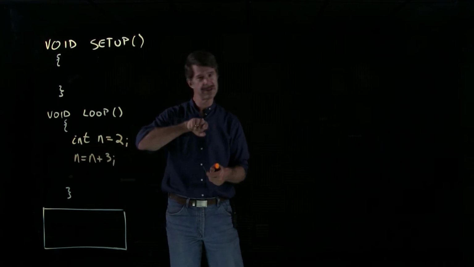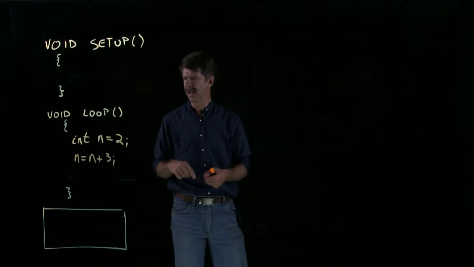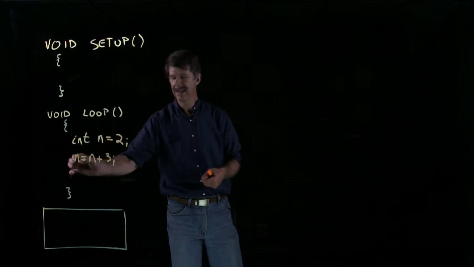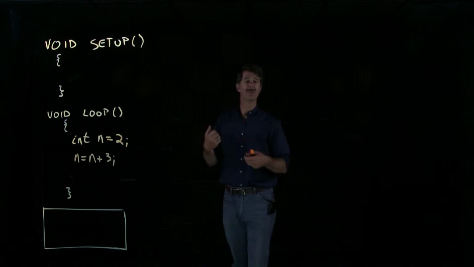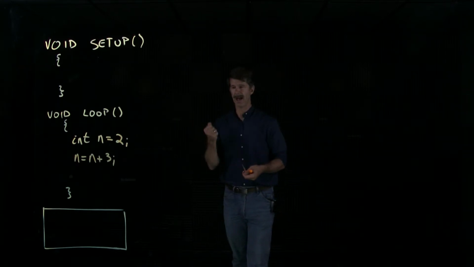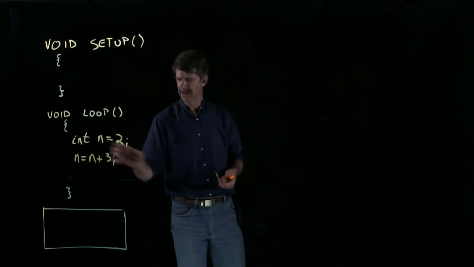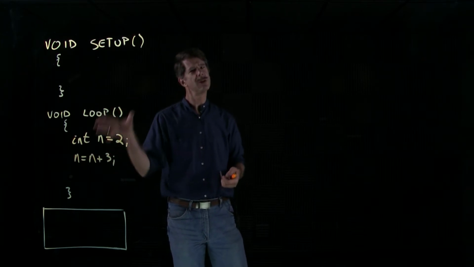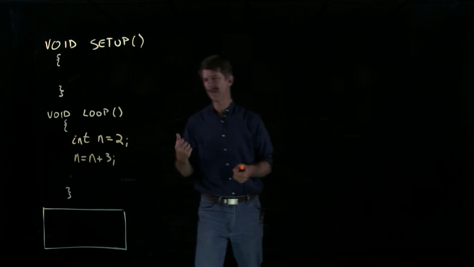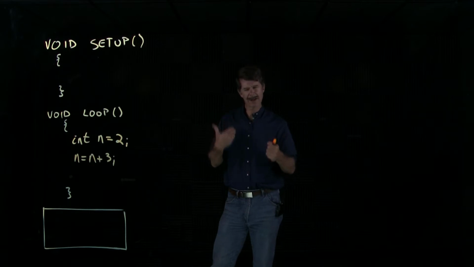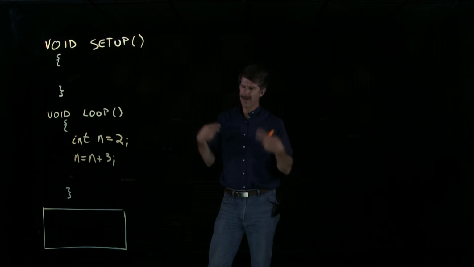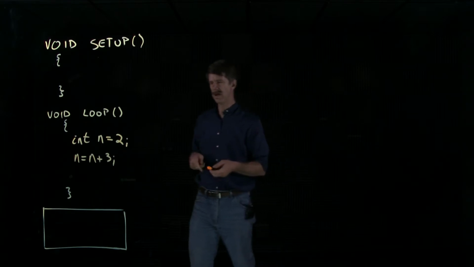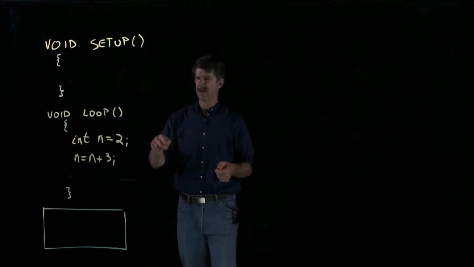You can think of the equal sign as an arrow going to the left. Put the result into, in this case, back into n. So the result of this would be n equals 5. So don't get hung up on this. This looks like math. We're using a lot of mathematical symbols, but we're not actually doing math. We're doing computer programming.